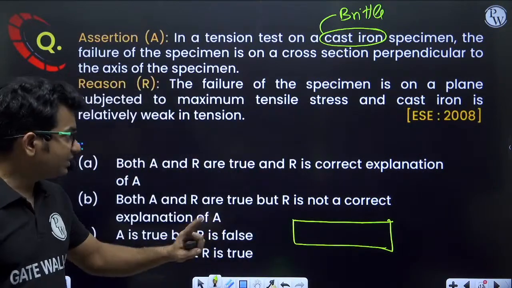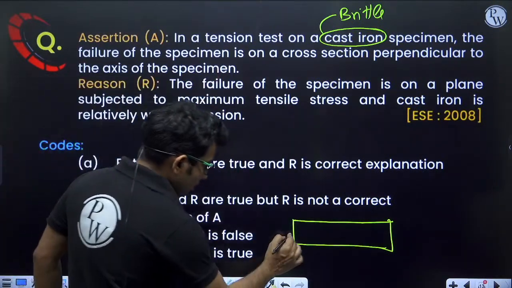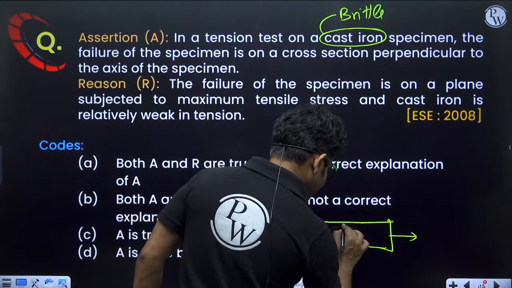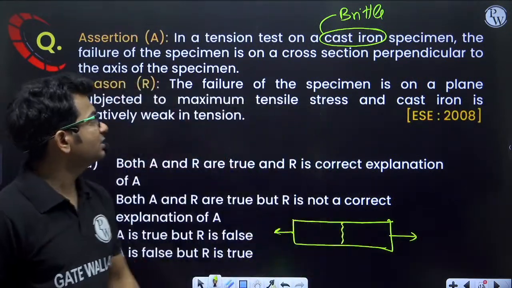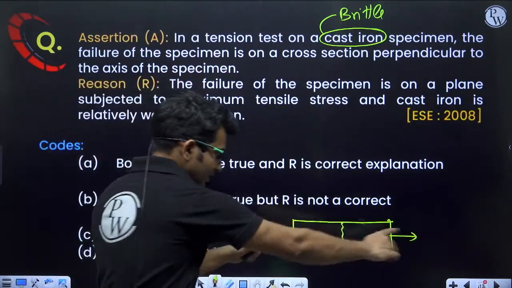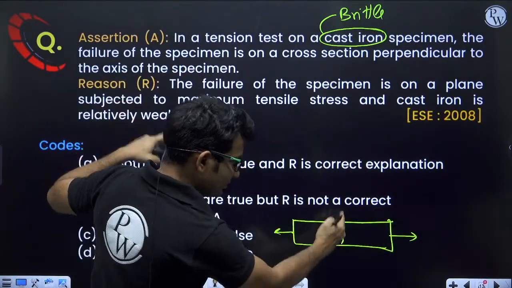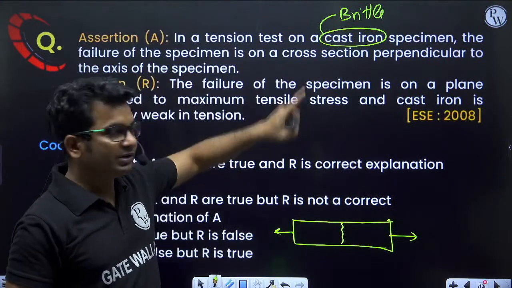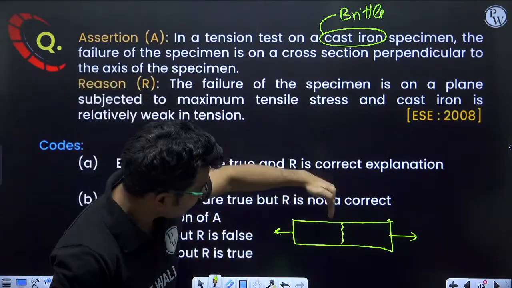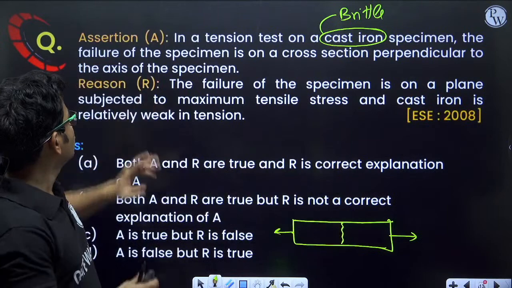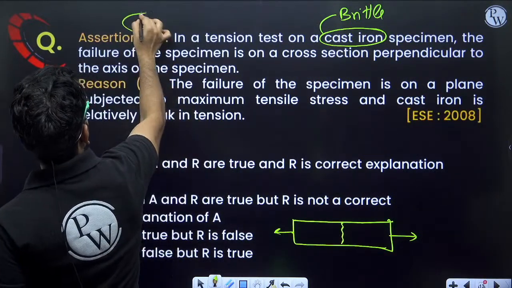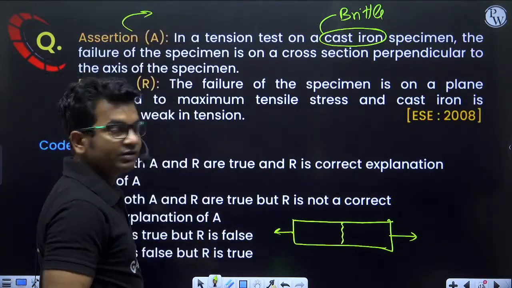Brittle material is weakest in tension, and the cross section perpendicular to the axis is subjected to tension only, so the failure will be along this plane. So the assertion will be true or false?